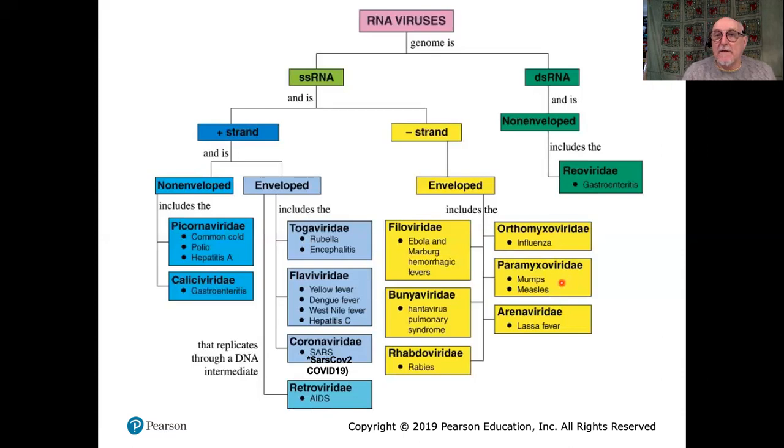And so these 3, mumps, measles, and rubella, are commonly vaccinated against together in early childhood. And of the 3, measles is by far the most virulent and the most dangerous of all of those diseases.